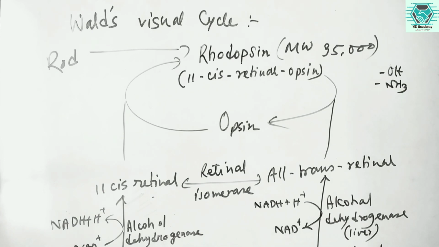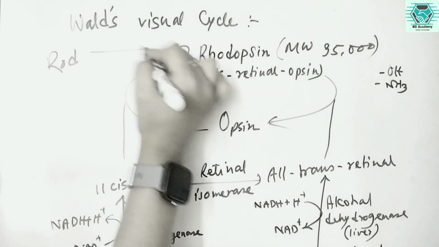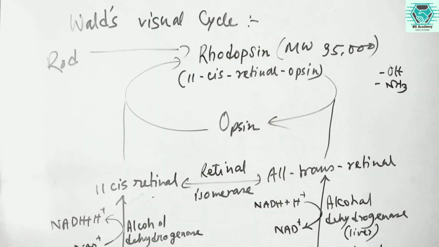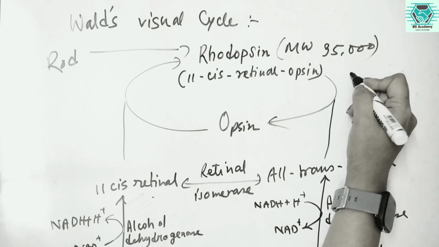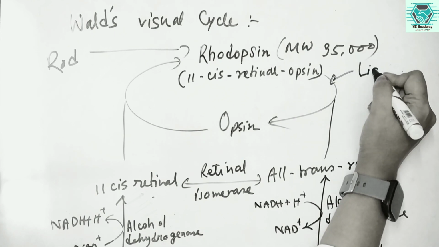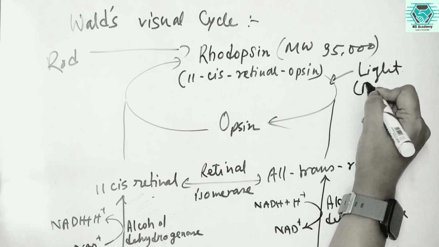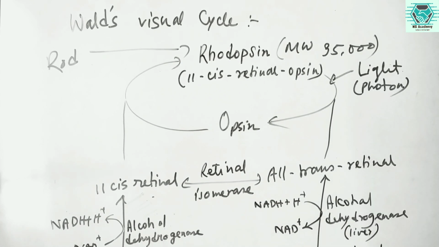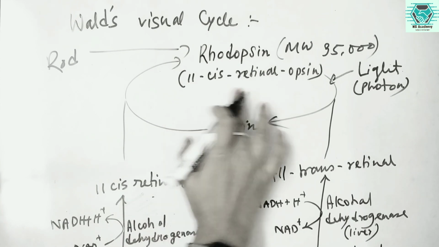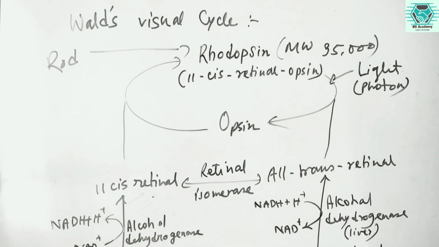The primary event in the visual cycle, let's see the step-by-step events. The primary event on exposure to light, which we also call a photon, is the isomerization of 11-cis retinal to all-trans retinal.